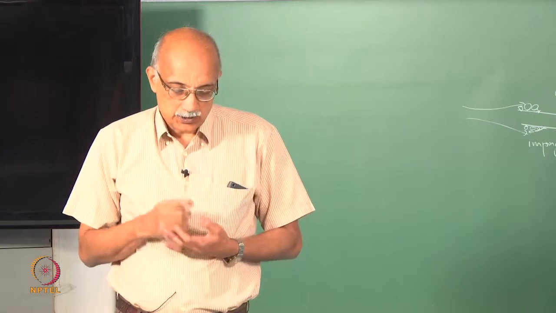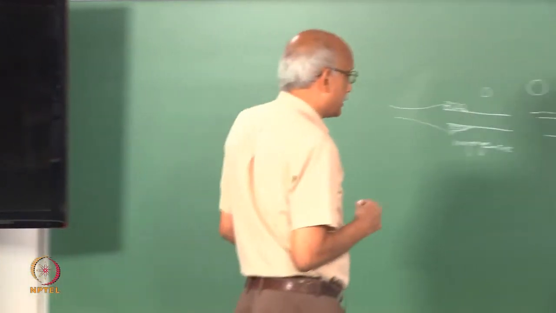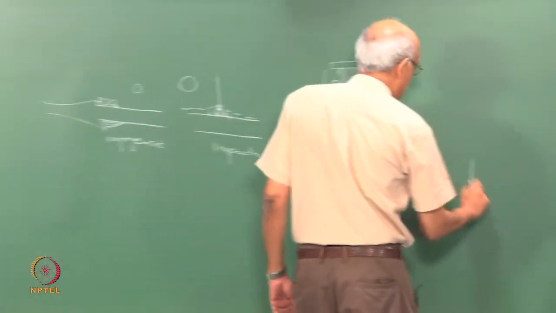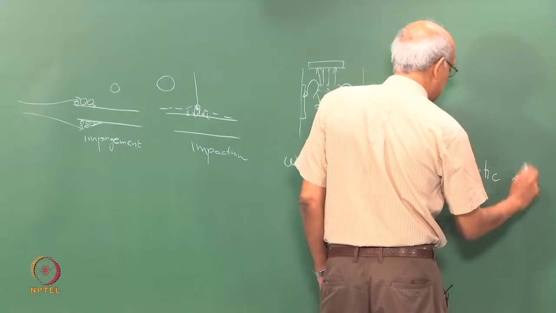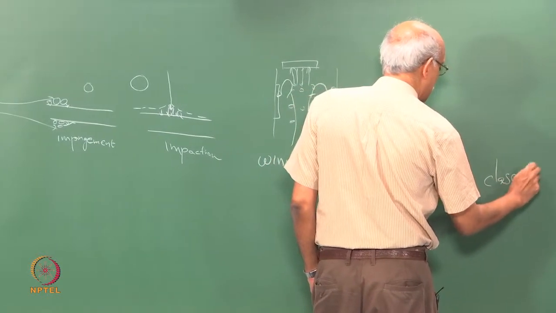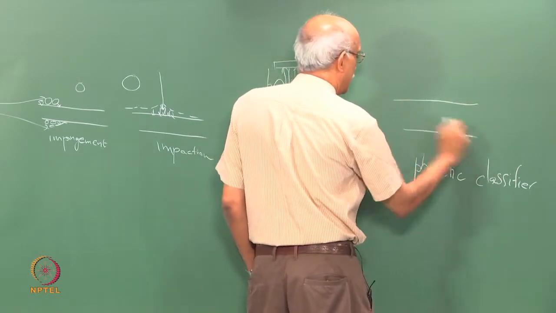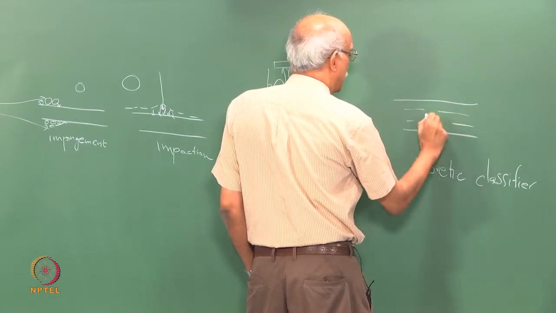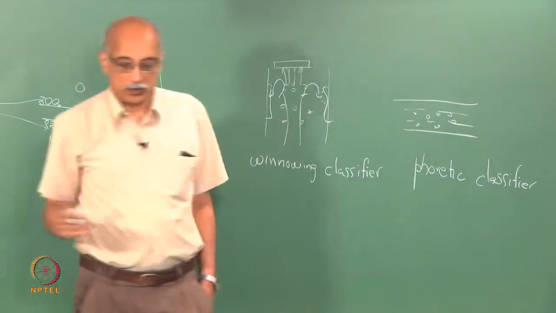There is a method that is known as a Phoretic classifier. So, in a Phoretic classifier, again you have an air stream or liquid stream in which you have particles that you are trying to collect for inspection.